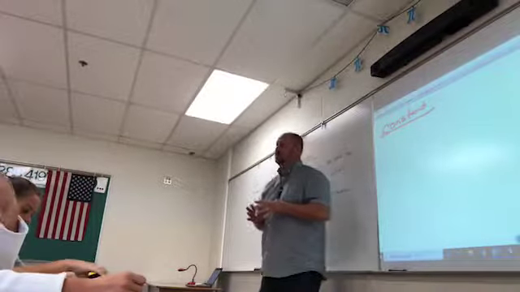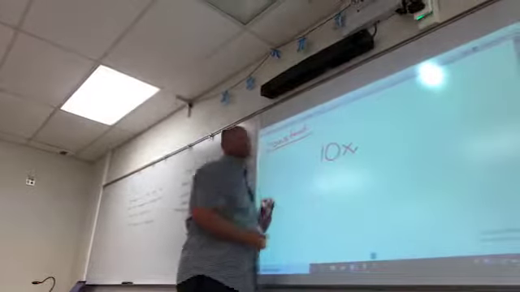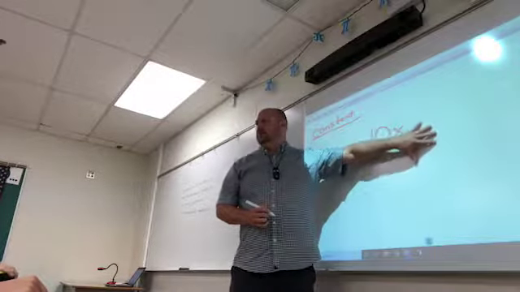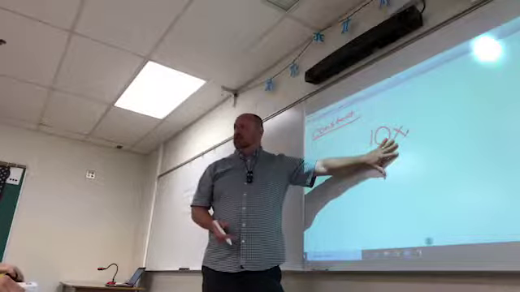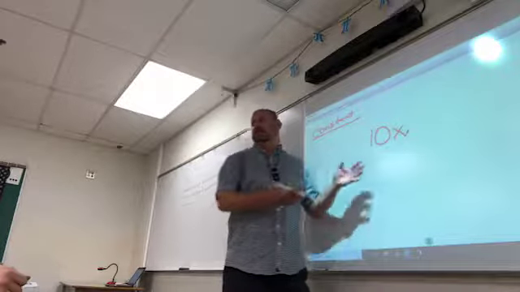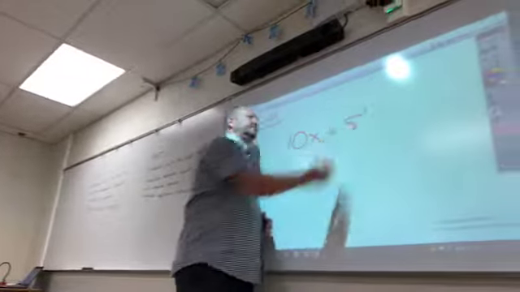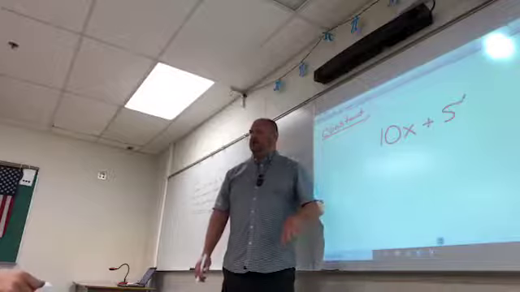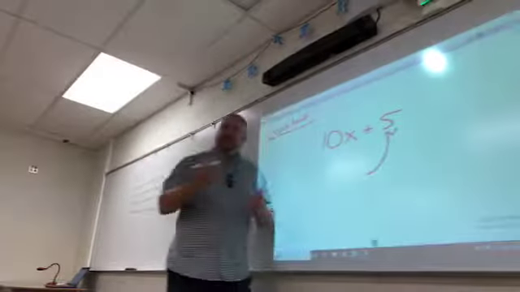If I say 10x, will this value change totally? If I plug in a 1, you get a 10. If I plug in a 2, you get a 20. If I plug in a 3, you get a 30, right? What if I put this? 10x plus 5. Which part of this will not change? The 5. This is what we call a constant.